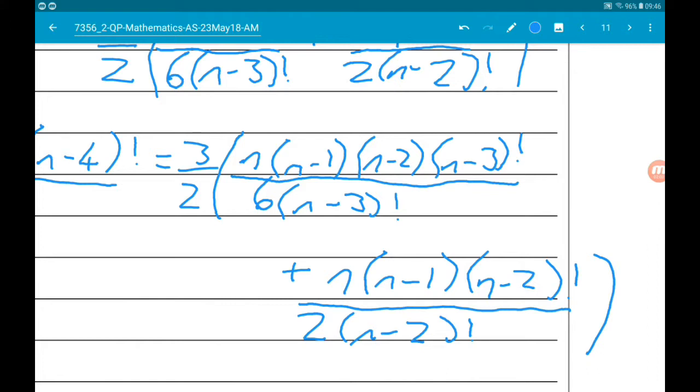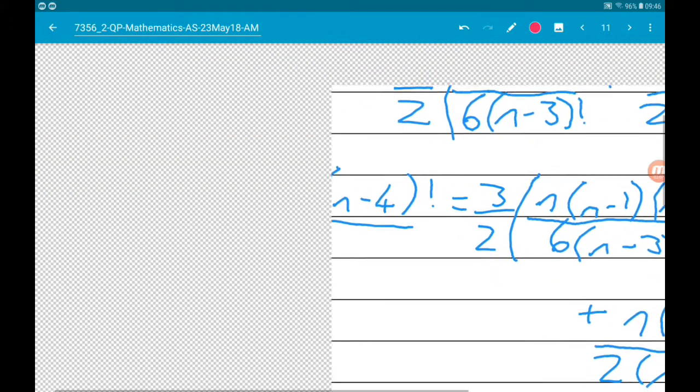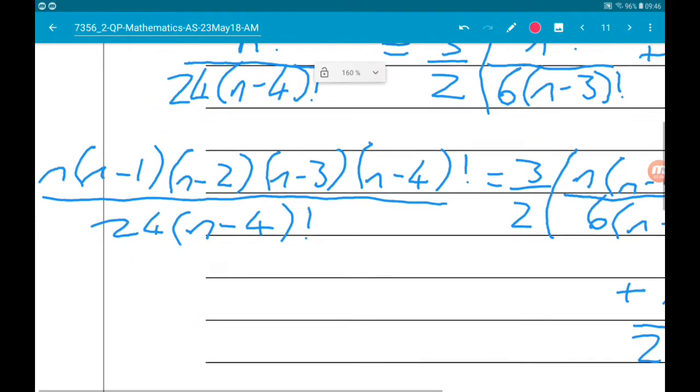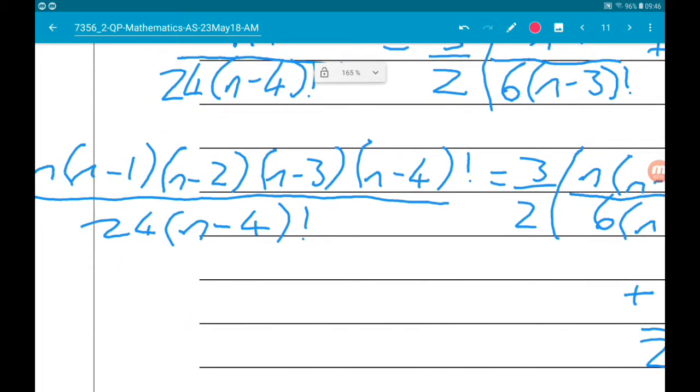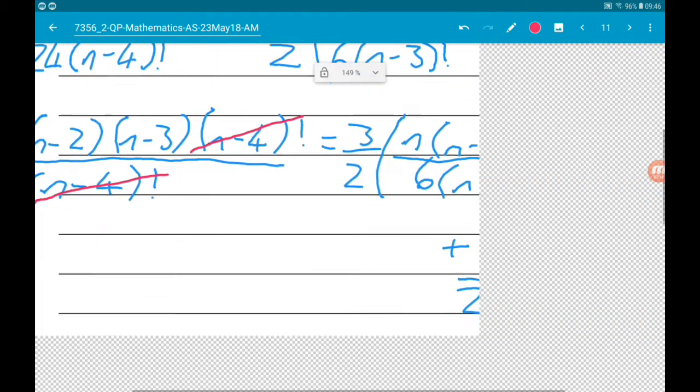Now that might look horrible, but actually it now allows us to get rid of all the factorials. So on the left we have a common factor of n minus 4 factorial.